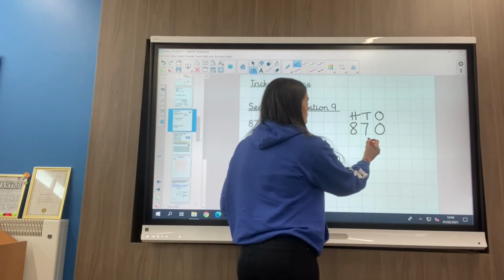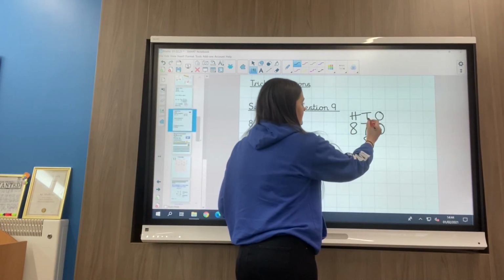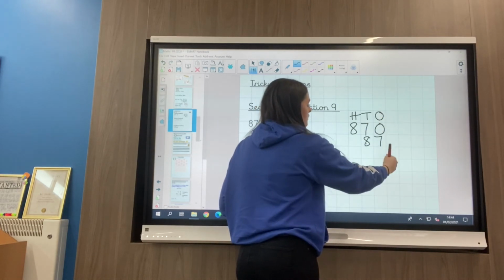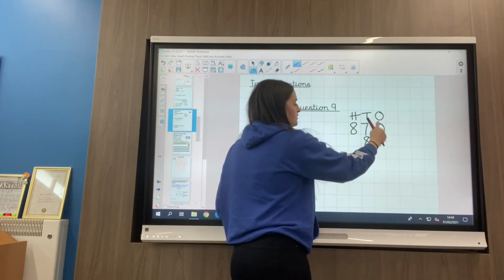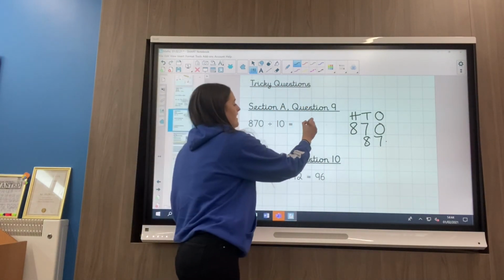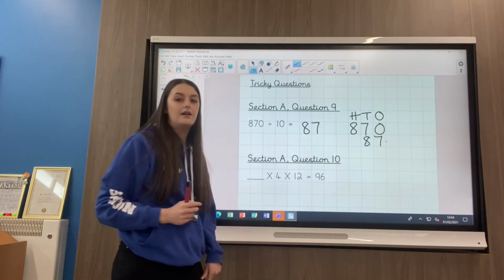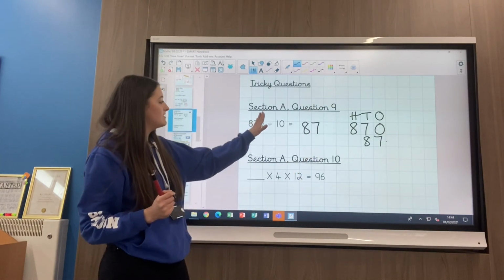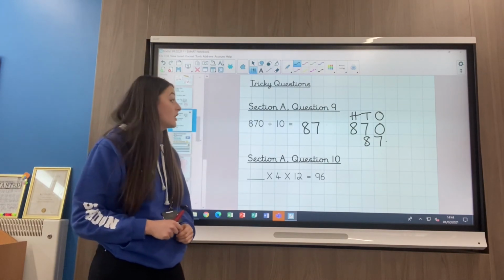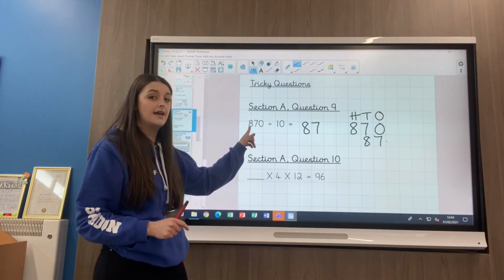So my 800 will become 80, my 7 tens will become 7 ones, and oh, my 0 has been knocked off the end. So 870 divided by 10 becomes 87. And if you notice, because I've made it 10 times smaller, my 0 has disappeared off the end from 870.